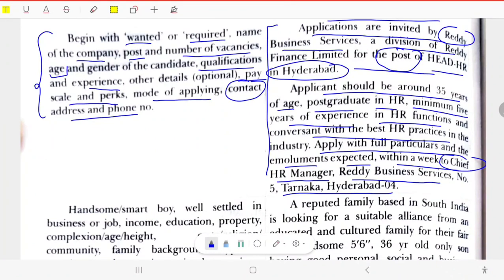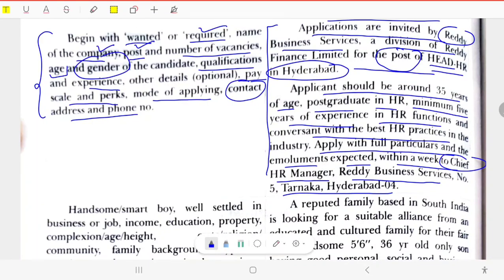So we have included everything required: name of the company, the post, the number of vacancies, one vacancy. Gender is not specified, means both male and female can apply.